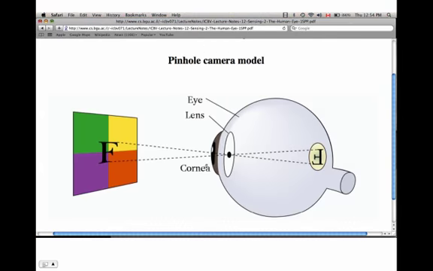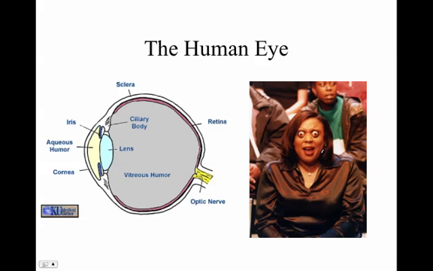Here is how our eye works, like a pinhole camera. We see the image, it's focused on the back of the eye, and it's upside down. We have a little bit of liquid here between our lens and the cornea, and that's called the aqueous humor. So again, iris is like the diaphragm. It adjusts how much light comes into the eye.